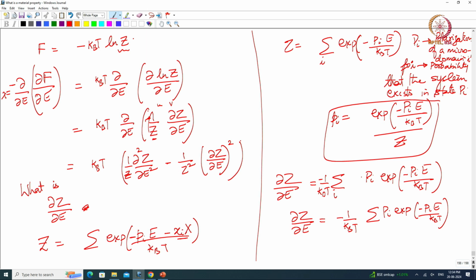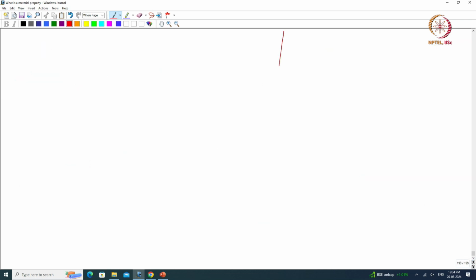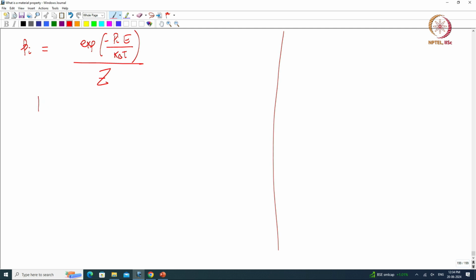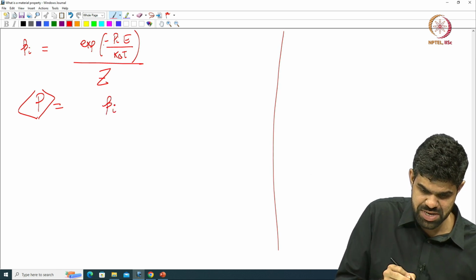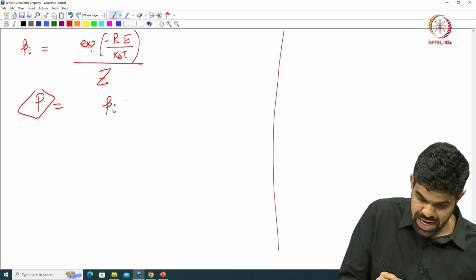Okay. Now, what is this quantity? If the probability of the system existing in state i is exponential of minus Pi_i E by kBT by Z, then if I look at the average polarization of the system, that is nothing but the sum of small pi, the probability that the system exists in a state i, times capital Pi.